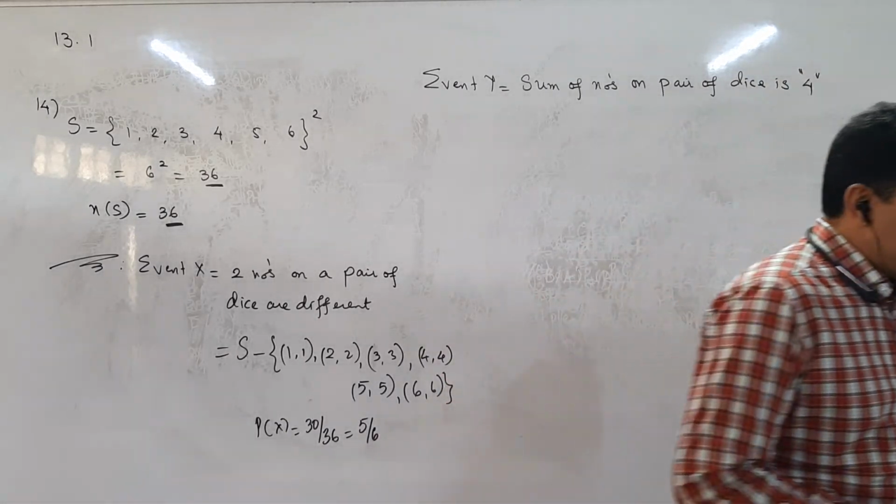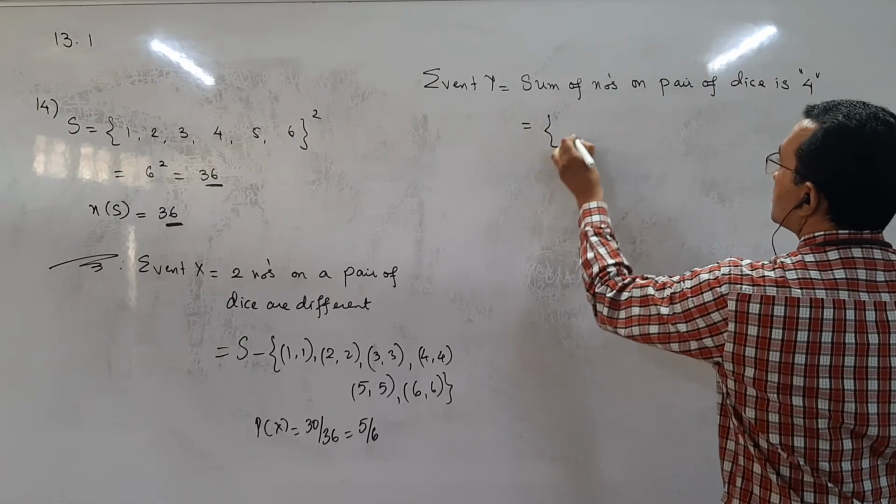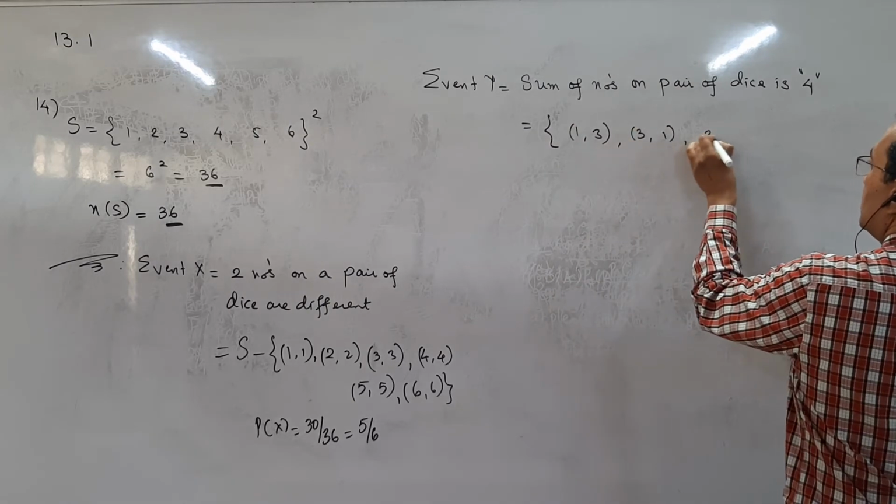Now locate the pairs where, students, the sum of numbers is exactly 4. So definitely 1,3. Correspondingly, I write the reverse 3,1, and then 2,2.